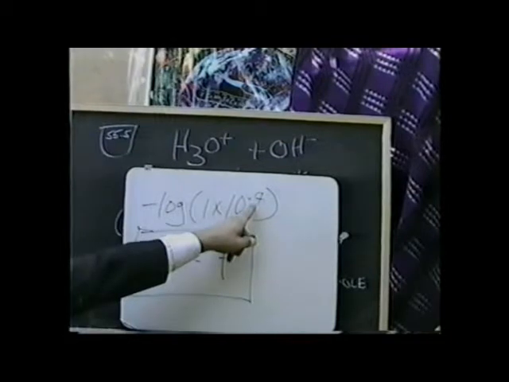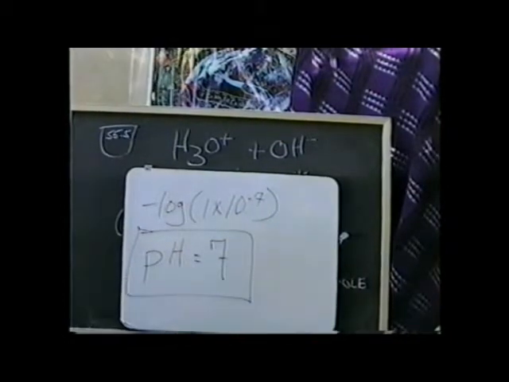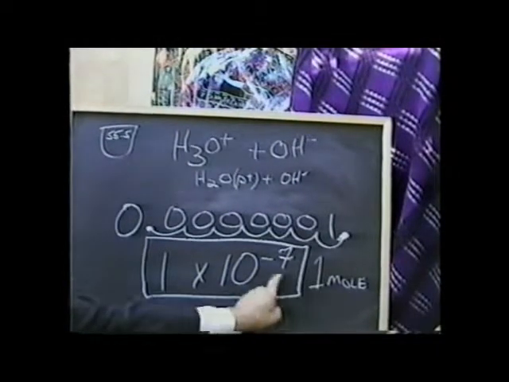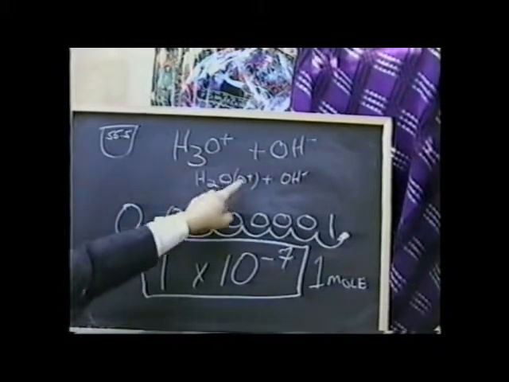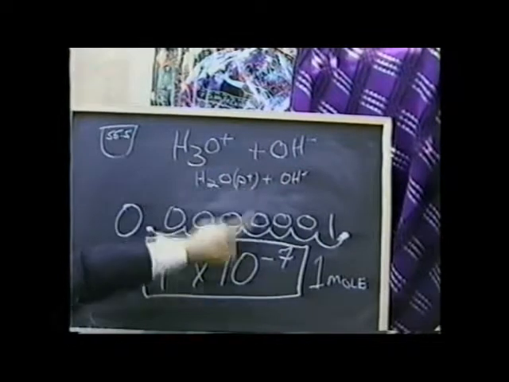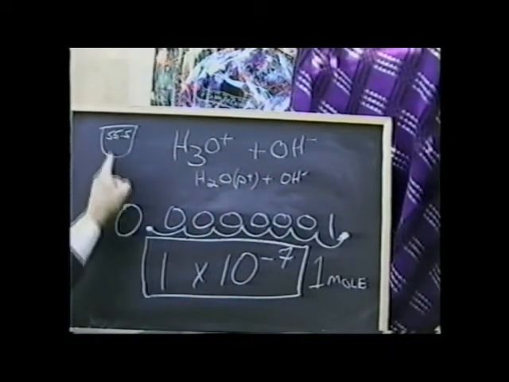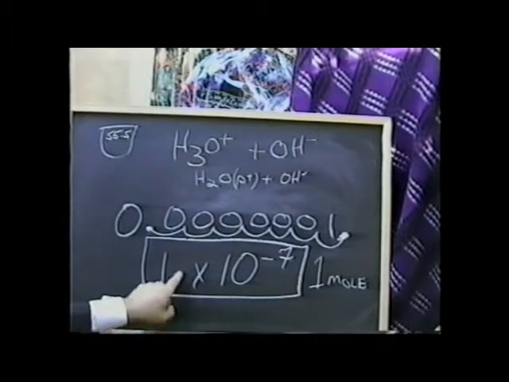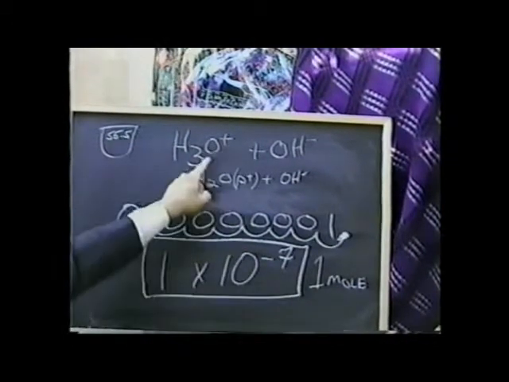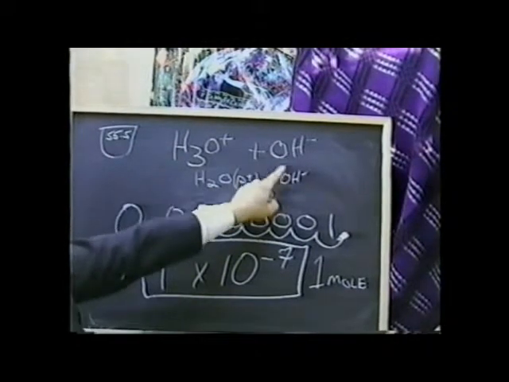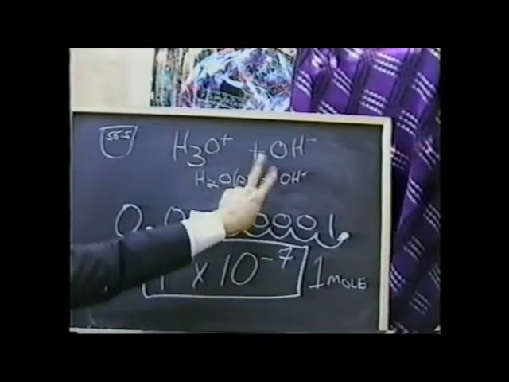7 being the minus 7th of 1 mole is how many protons are available for water in 1 liter. Out of the 55 moles, 1 times 10 to the minus 7 have an extra proton that they took from an adjacent water. So there is an even balancing.